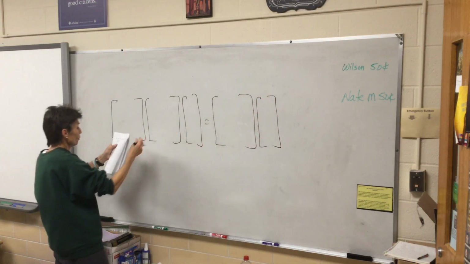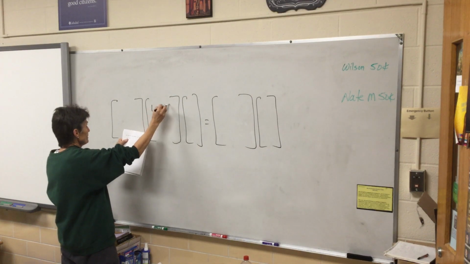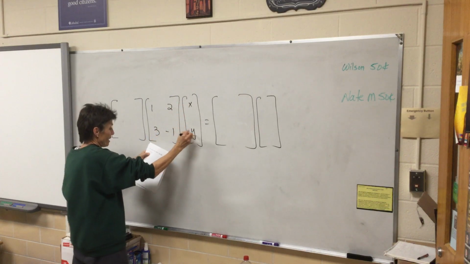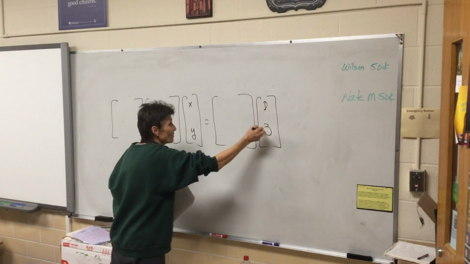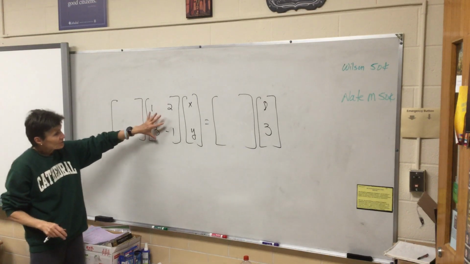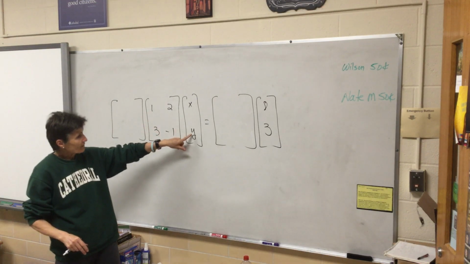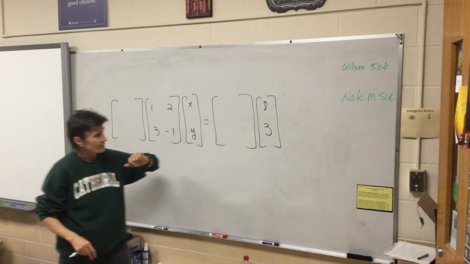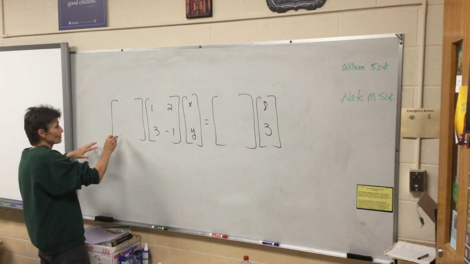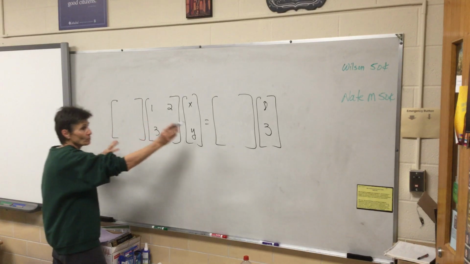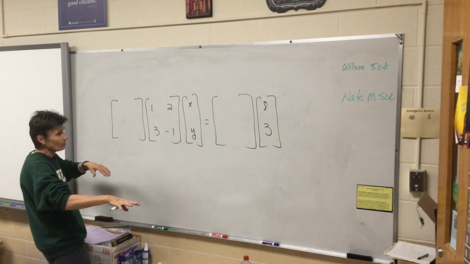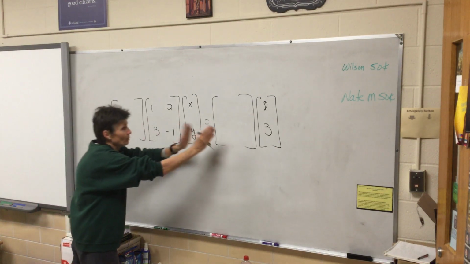So the original problem is 1, 2, 3, -1, x, y, 8, 3. So that's the original problem. These are the coefficients, these are the variables, those are the constants. Now we're going to find the inverse, and we're going to multiply both sides by the inverse. So doing what we just did a couple minutes ago, we're going to find that matrix and put it here.